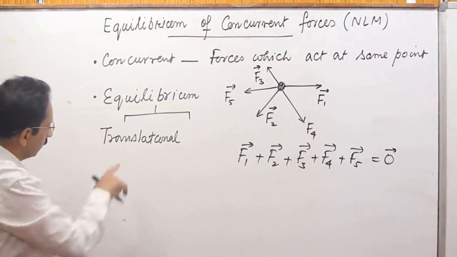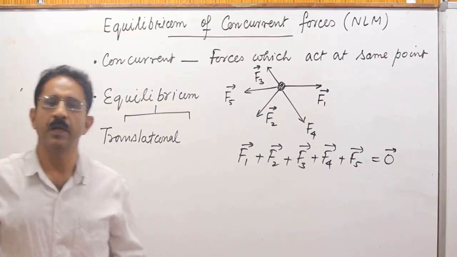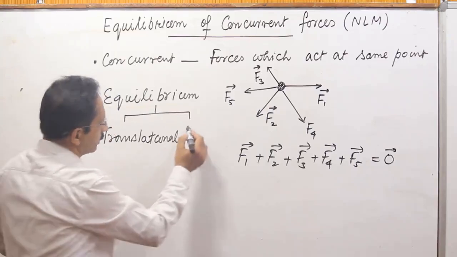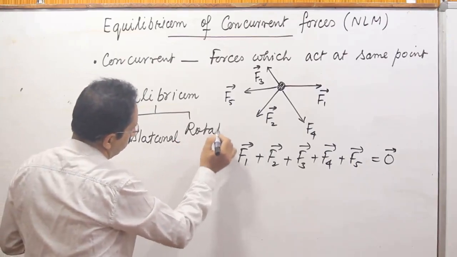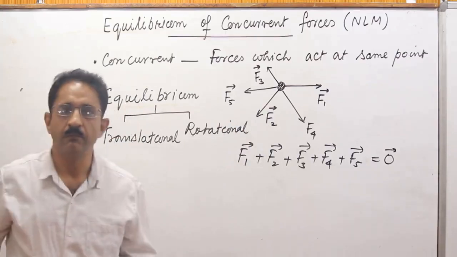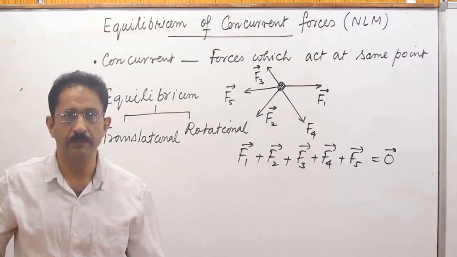So an equilibrium which occurs in the state of translational motion will be called as translational equilibrium. We have also the possibility of rotational equilibrium. When a body is in the state of rotation, we find that there is a possibility of a rotational equilibrium.